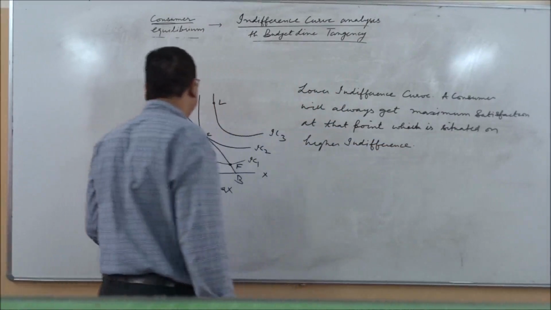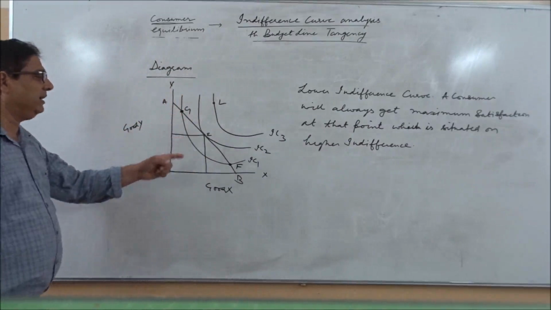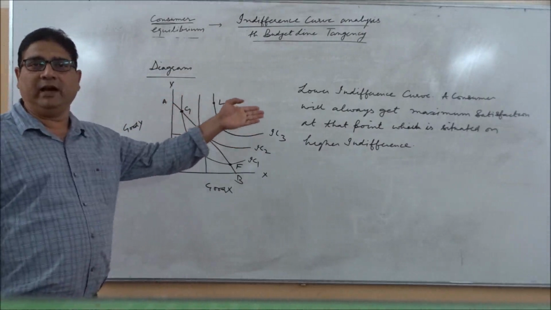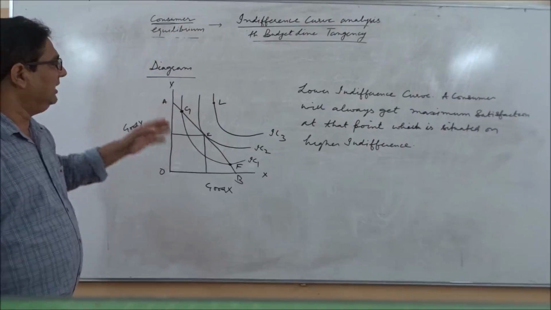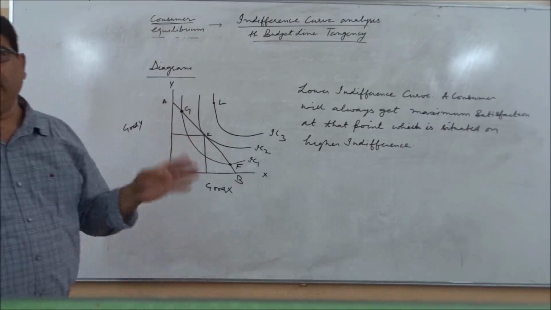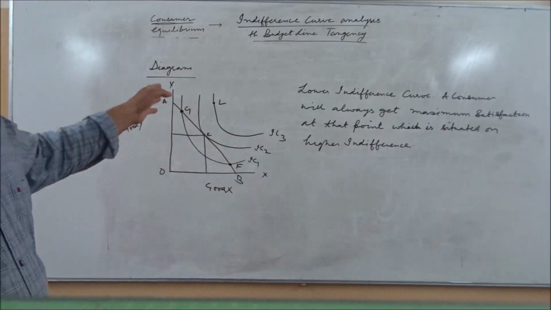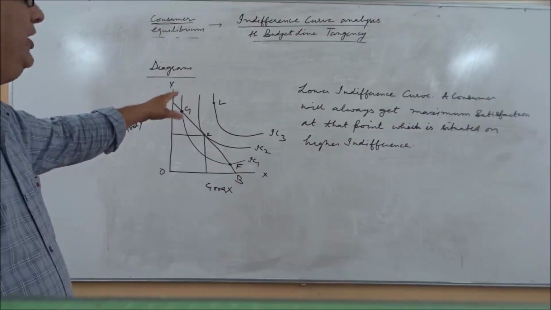In this case, the higher indifference curve is IC2 and the highest indifference curve is IC3. But the level of income of the consumer could not reach up to attain the point L.